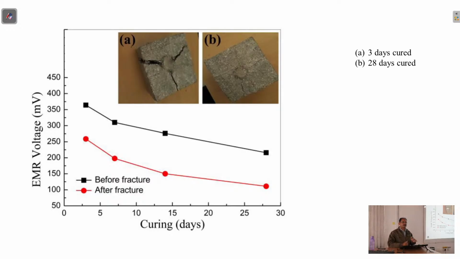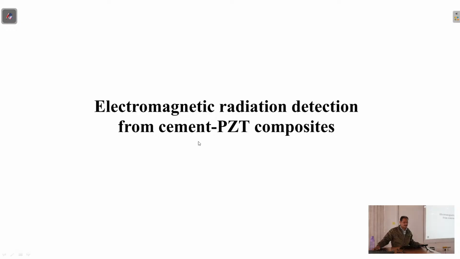So here we just wanted to establish that even without damage we are getting a signal. So it could actually give us early warning. This confirms that once the fracture occurs, the overall signal strength is pretty low, but before that relatively higher magnitudes are obtained.